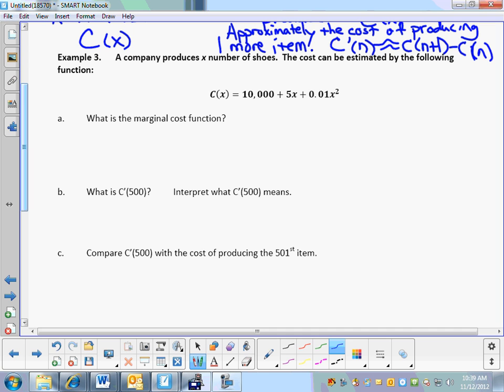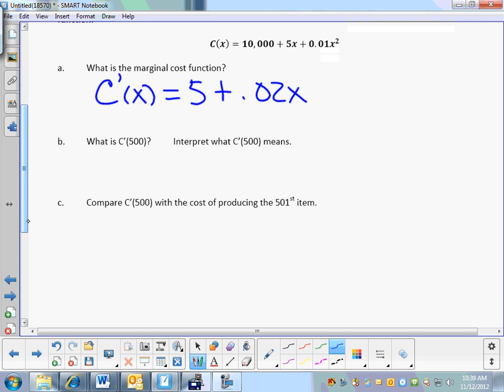What do I do? I take the derivative. When in doubt, find the derivative. What is the derivative of that? 5 plus 0.02x. What is C prime of 500? How would I calculate that? Plug it in.